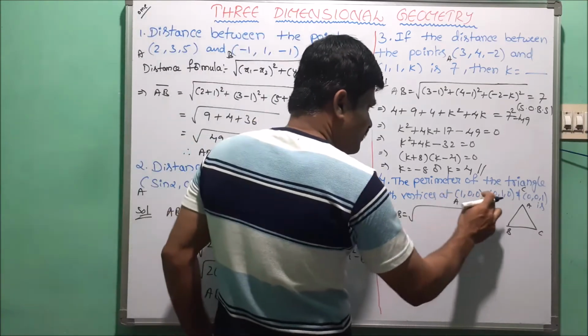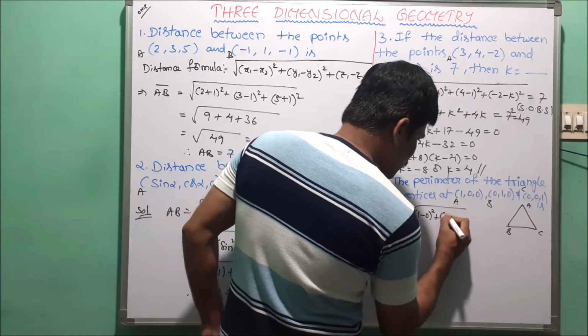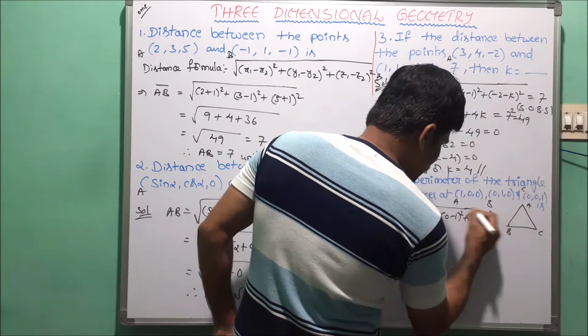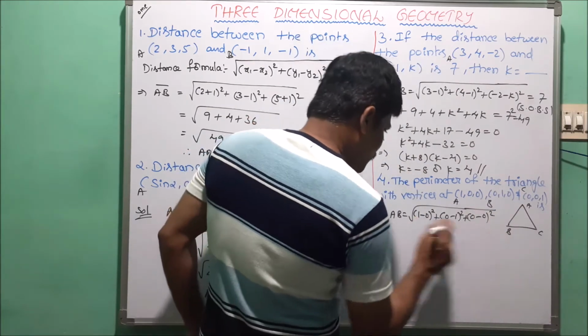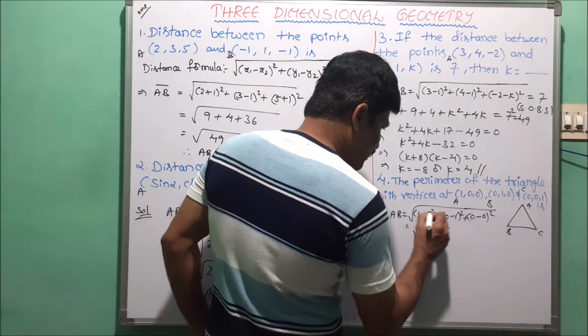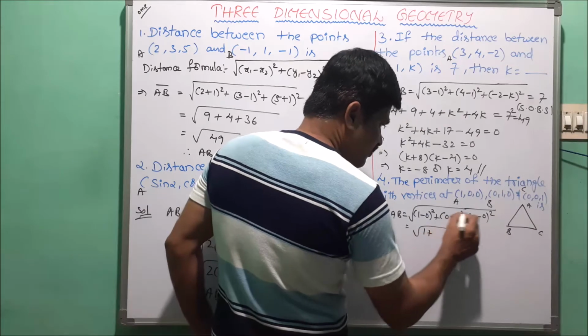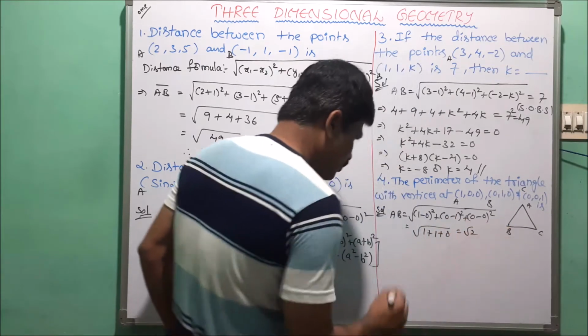So (1 minus 0) whole square plus (0 minus 1) whole square plus (0 minus 0) whole square. Now it can be written as square root of 1 plus 1 plus 0. That value will be root 2.